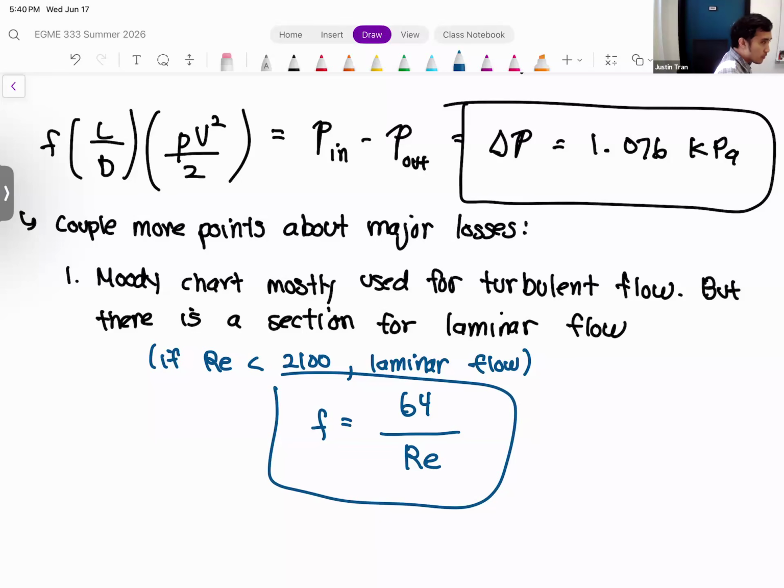So instead of using the Hagen-Poiseuille equation, you can just use this formula for the friction factor, use it to compute the major losses, and use the major losses in Bernoulli to compute the pressure drop.